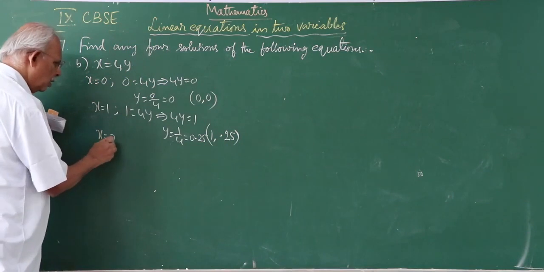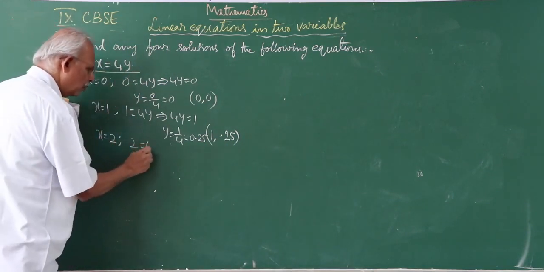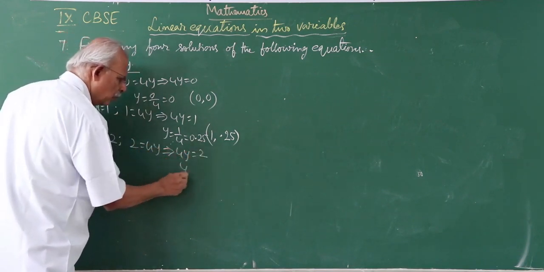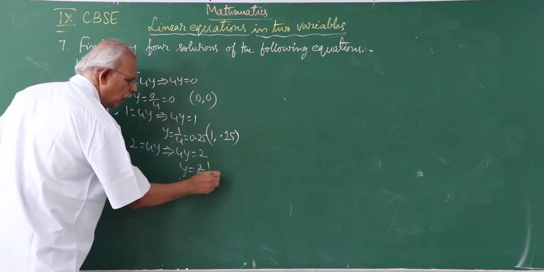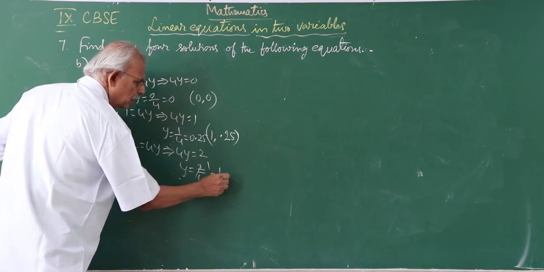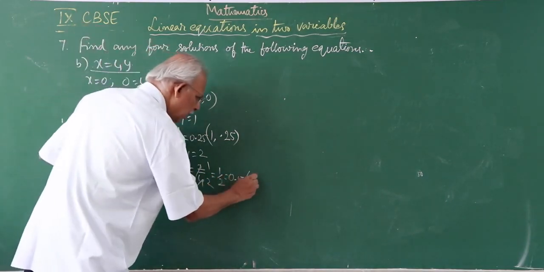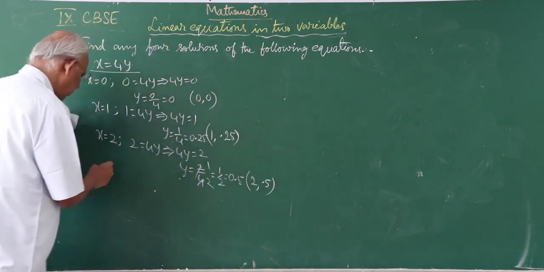Next, put x equals 2. So, here 2 equals 4y. It implies 4y equals 2. y equals 2 by 4. Half is nothing but 0.5. So, when x is equal to 2, y equals 0.5.